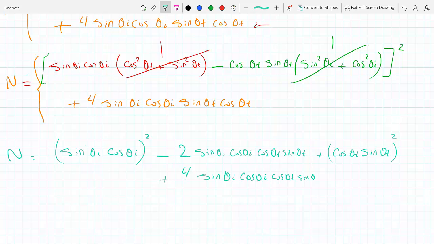Okay, nice. So this will work out to, if I add these, I will get the middle term to be 2 sine theta I cosine theta I cosine theta t sine theta t, and the end terms are the same.